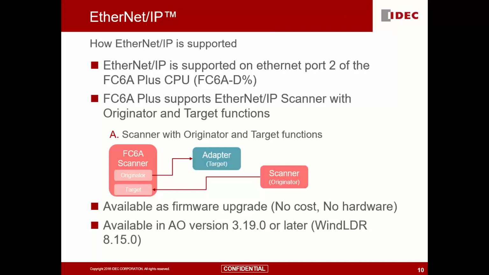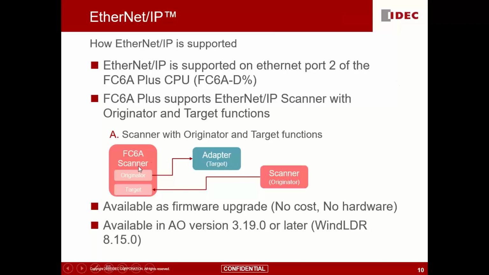So the FC6A Plus supports Ethernet IP scanner with originator and target function. What this means is that our FC6A Plus is a scanner that has originator and target function. So it can talk to adapters, and it can also receive information from different scanner devices.